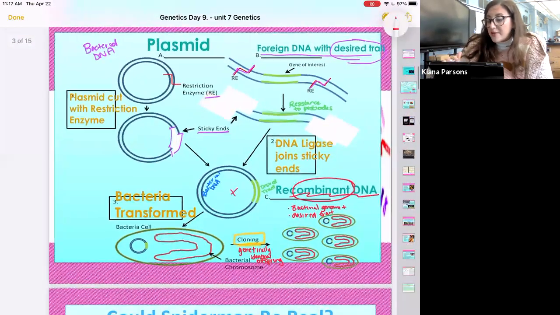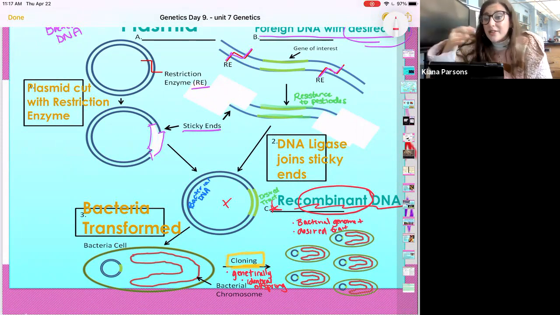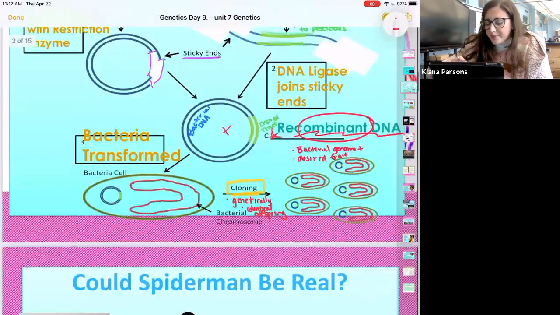This is why we use bacteria to create recombinant DNA, because it makes many copies of itself very quickly and the offspring are genetically identical. It's not going to get mixed up through a process like meiosis. There's no crossing over happening when we're cloning bacteria.